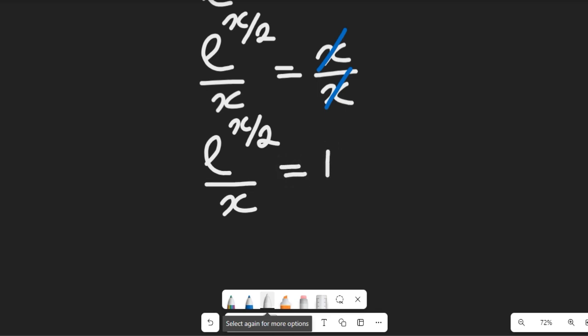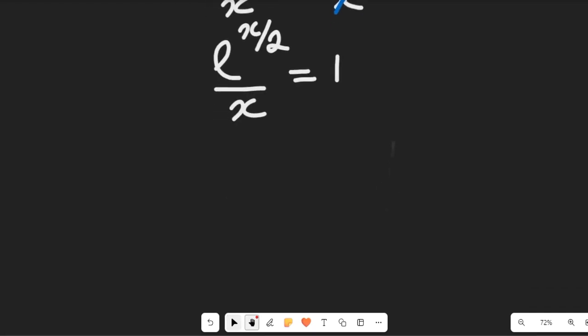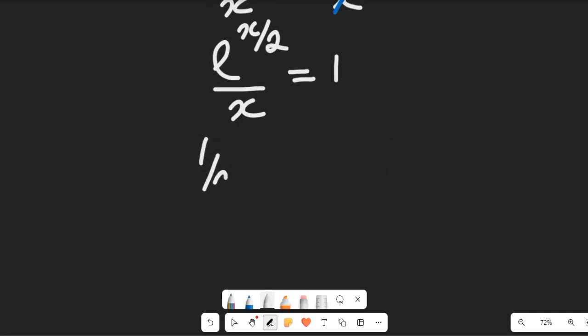Great. So what are we going to do from here? At this point, I'm going to simplify. In the next step, I'm going to have 1 divided by x multiplying x to the power of x divided by 2, and this will be equal to 1.